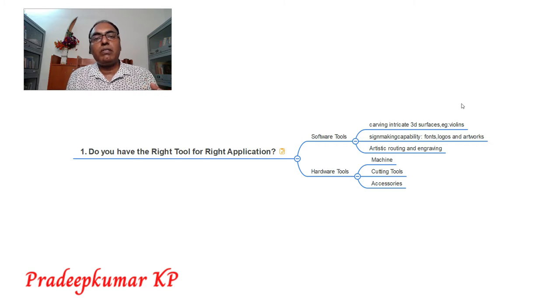So you have to select the CAD/CAM software according to your application. And on the hardware side, we have to see the machine, tools and accessories, also as per your application's requirement. So these 2 things, we have to see that we have the right tools for the right applications.